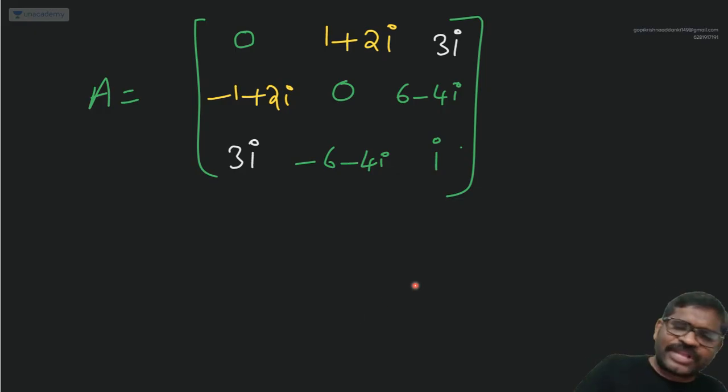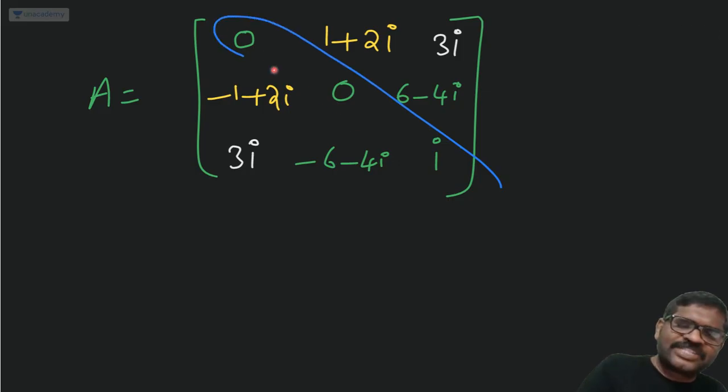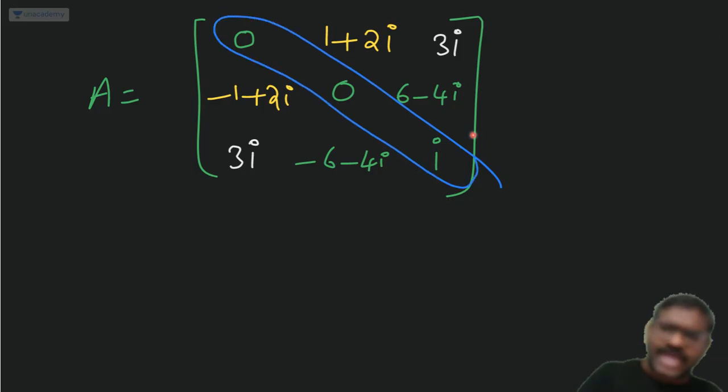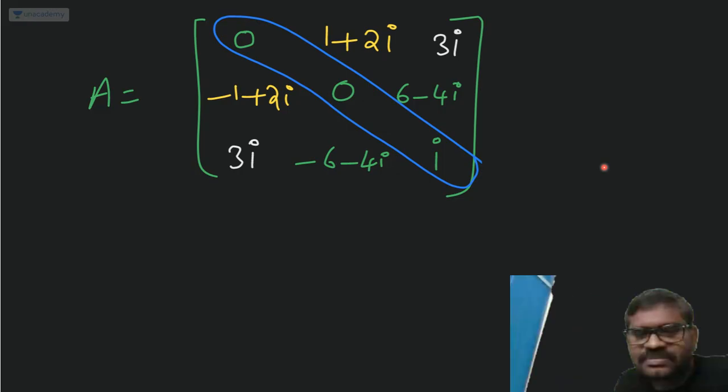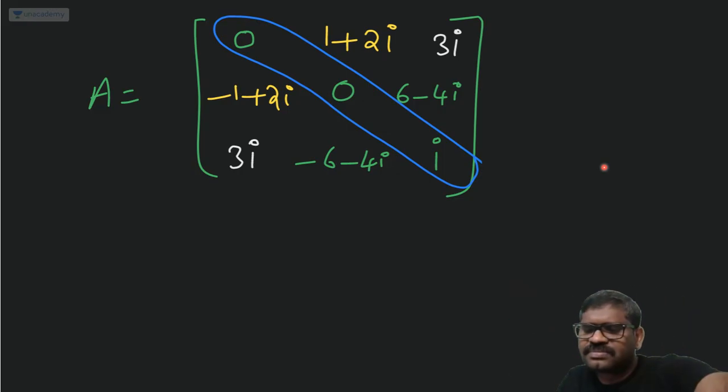Here I have taken principal diagonal elements either 0 or purely imaginary. It is skew Hermitian.